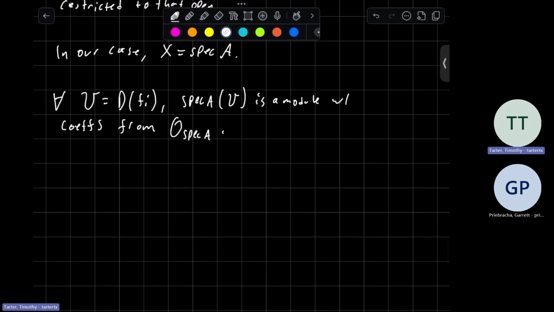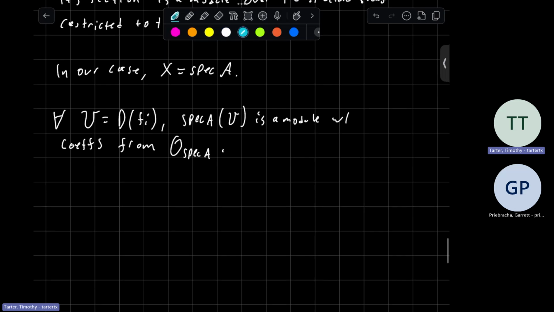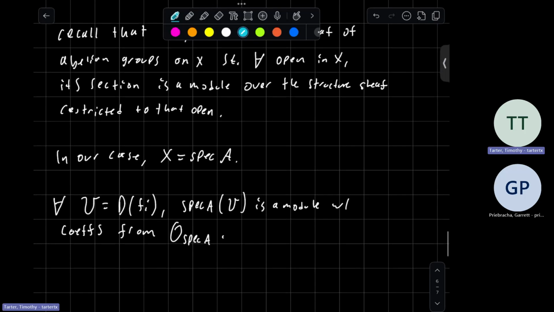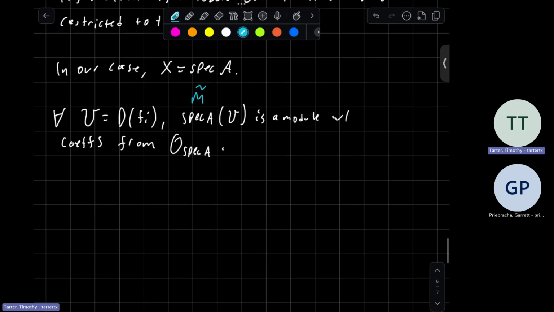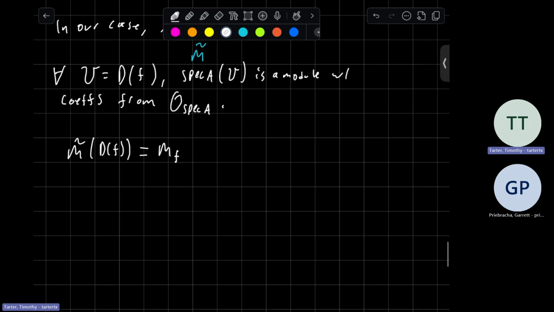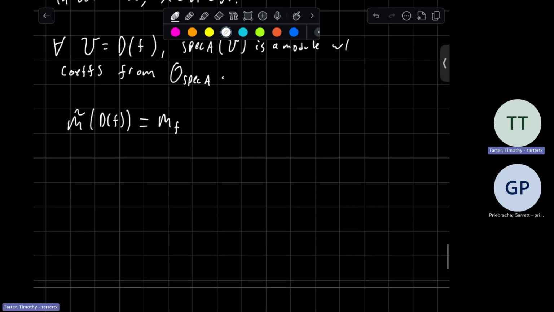And so equivalently, M over U as a section. Let's just call this DF, because that's just going to make life easier. M over DF is the localization at F, because that's where we can get coefficients.